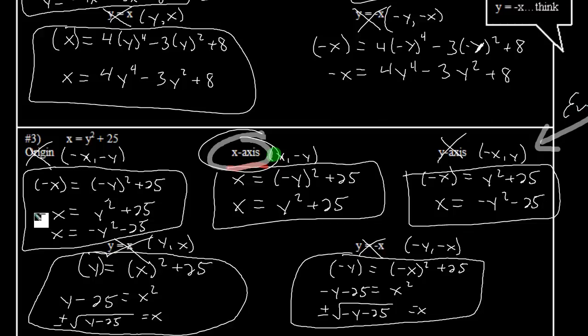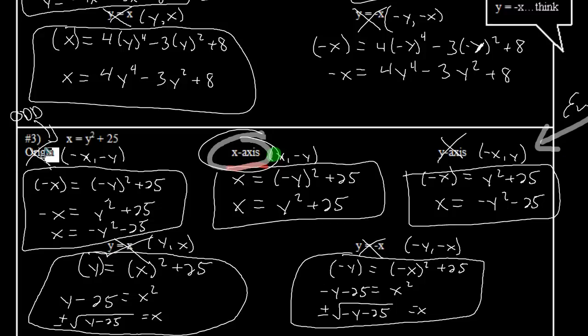If the graph is symmetric with respect to the origin, then that graph is called odd. If a graph is symmetric with respect to the origin, it's odd. If it's symmetric with respect to the y-axis, it's called even.